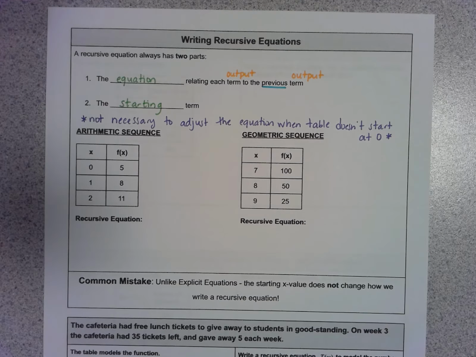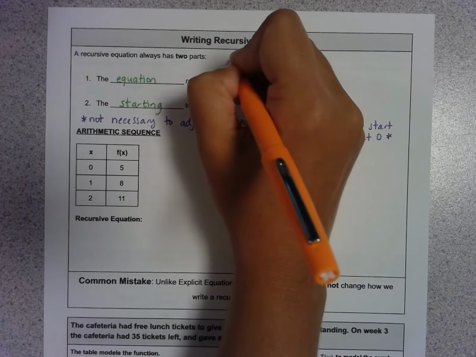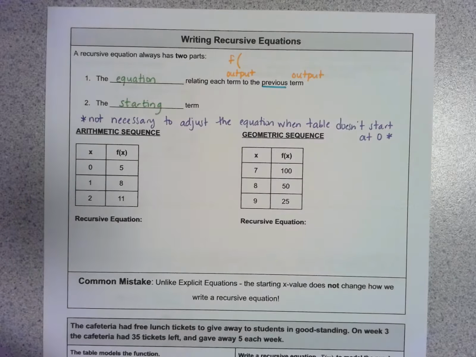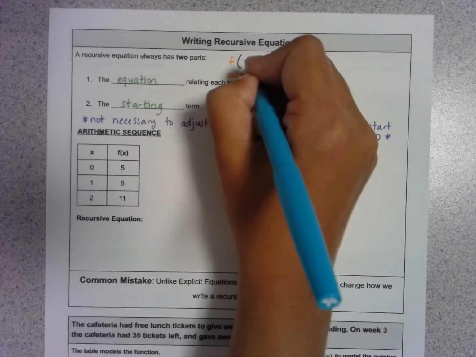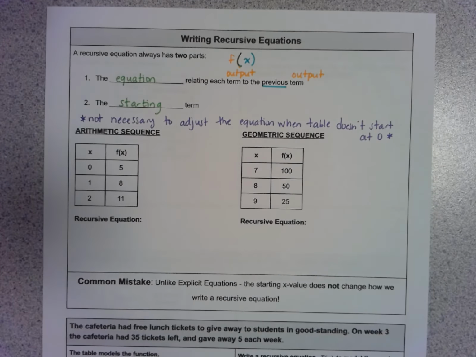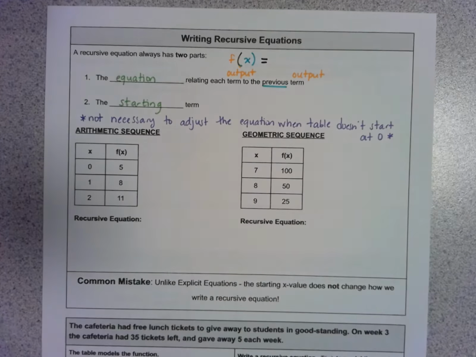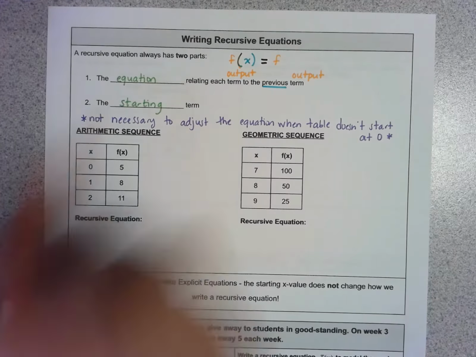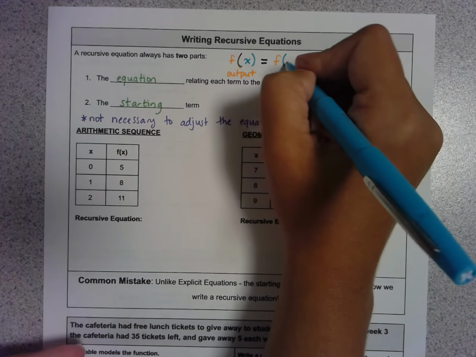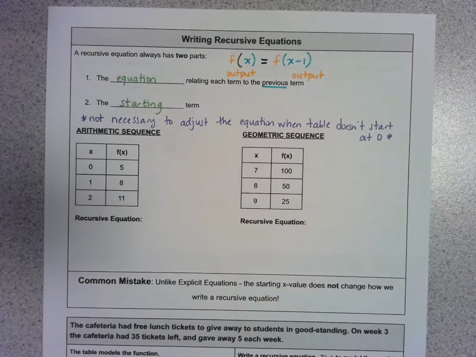What that means is that every single recursive equation will start off the same way. Every single recursive equation will start off with f of x is equal to f of x minus 1. It will always be minus 1.